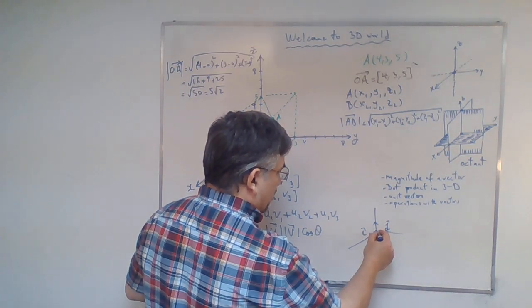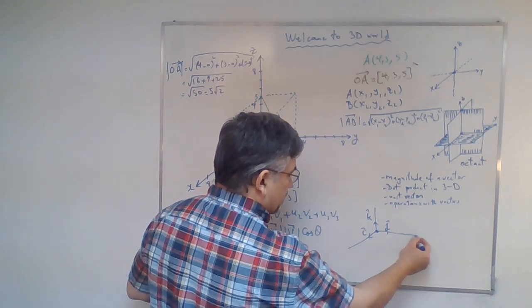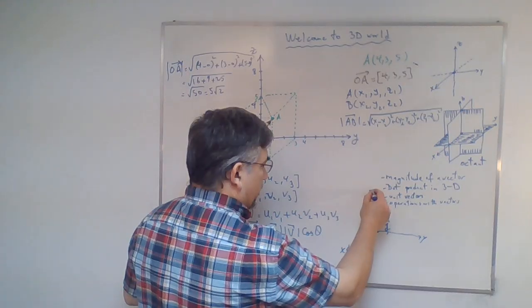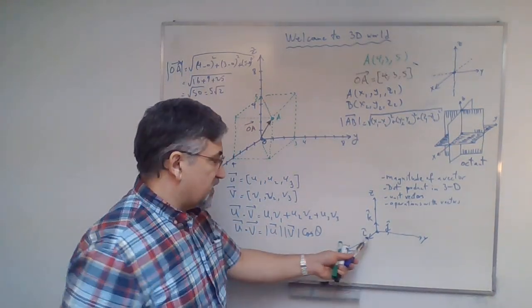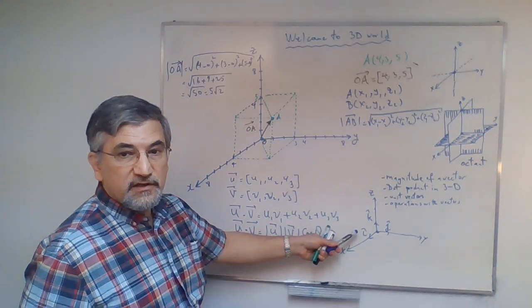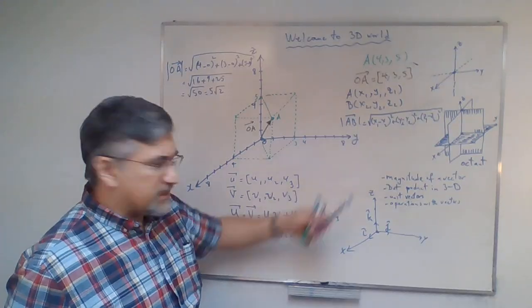Now we have a third one, which is denoted as k hat. i hat is the unit vector along the x-axis, j hat the unit vector along the y-axis, and k hat is the unit vector along the z-axis.